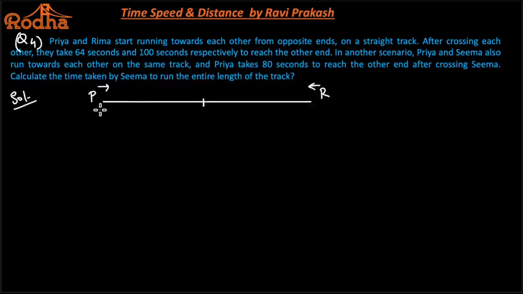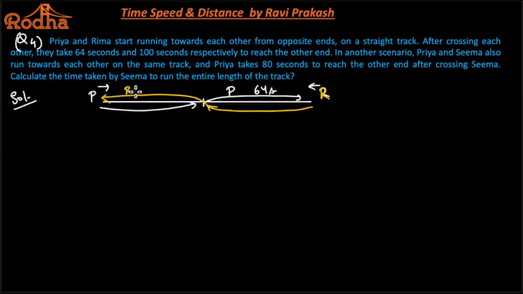Right now P has reached from this point to this point, and after crossing, Priya will take 64 seconds to reach here. Let's say this is Rima. Rima has reached from this point to this point, and after that, from here to here, Rima has taken 100 seconds.